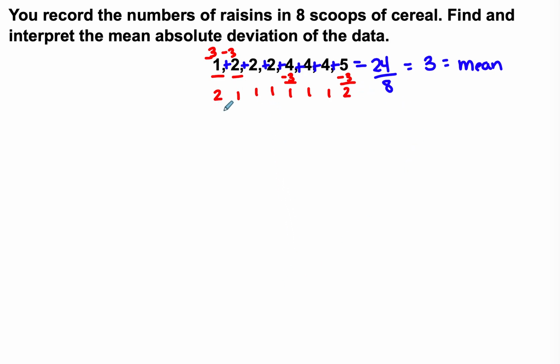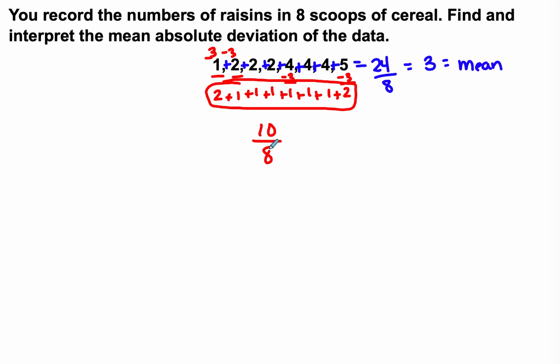Then I need to find the mean of my new list of numbers. Here's my new list of numbers. I'm just going to outline it here so it stands out. So I'm going to do 2 plus 1, 3, plus 1, 4, plus 1, 5, plus 1, 6, plus 1, 7, plus 1, 8, plus 2 is 10.